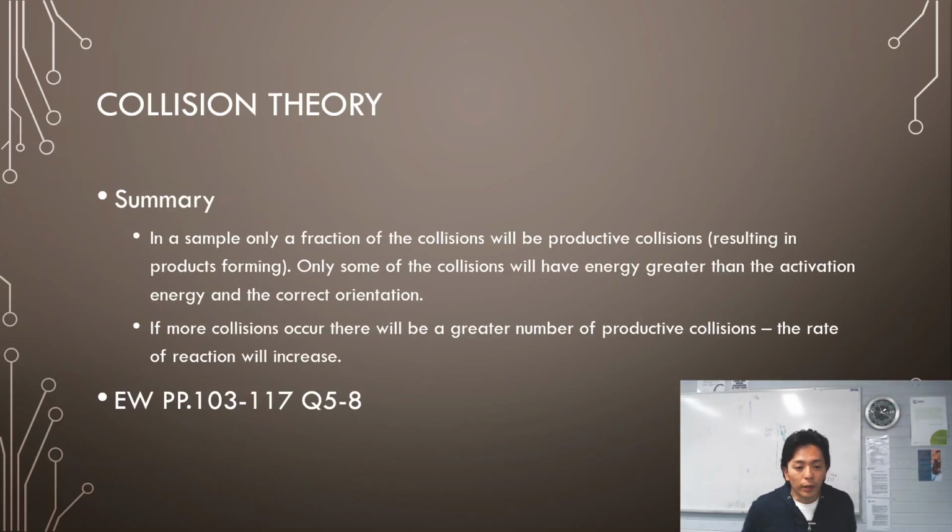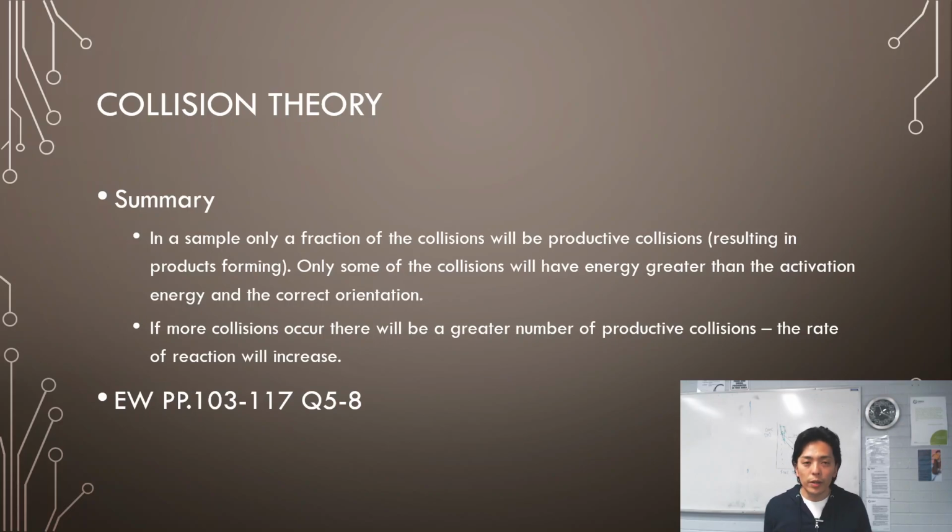In summary, there you go. Only a fraction of the collisions will result in products forming. Only some of the collisions will have energy greater than the activation energy and the correct orientation.